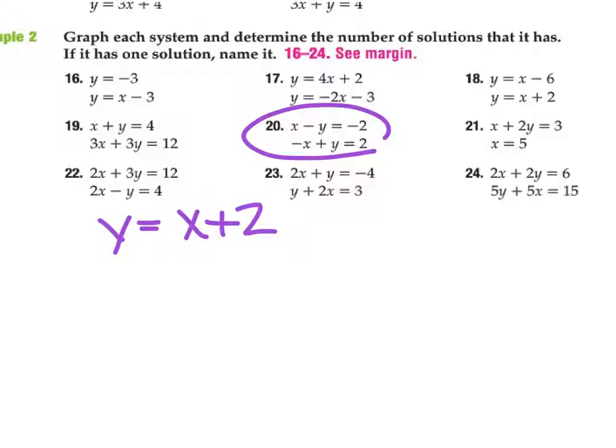And then on the other one I'll have y equals x plus 2. Uh-oh. Never mind, those look like the same equation. Well, Merry Christmas. There's another answer for you.